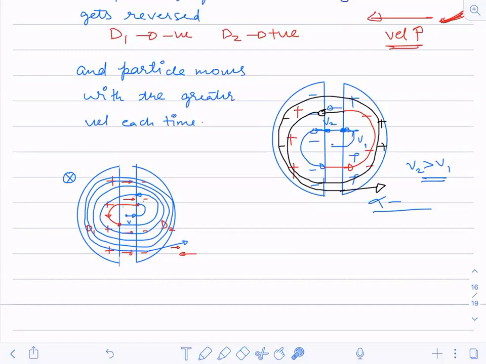Try to understand again. Suppose for this half of the cycle, this is positive. For this other half of the cycle, this has to be negative. So it is changing two times.